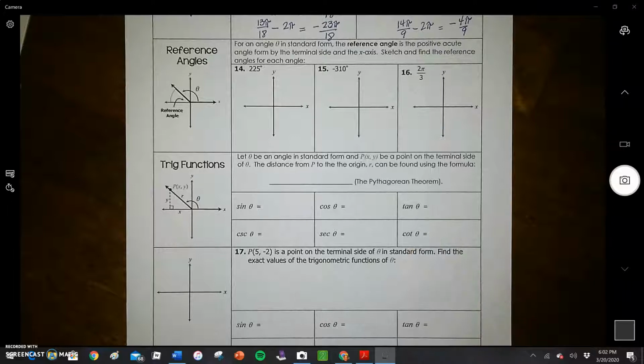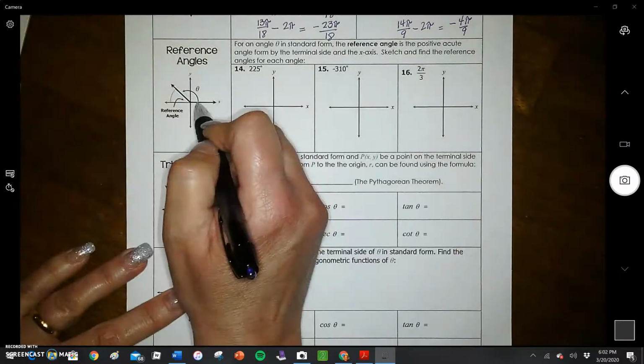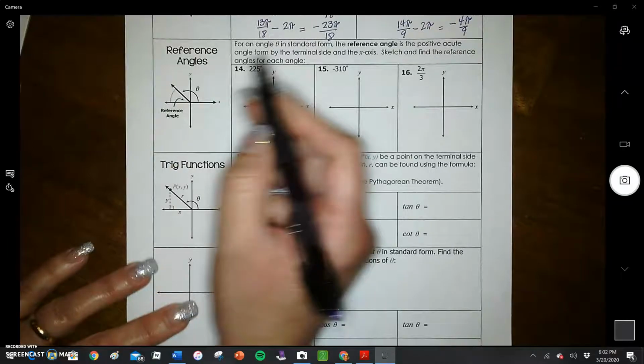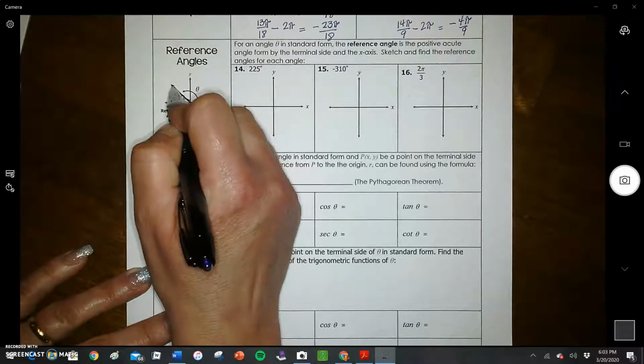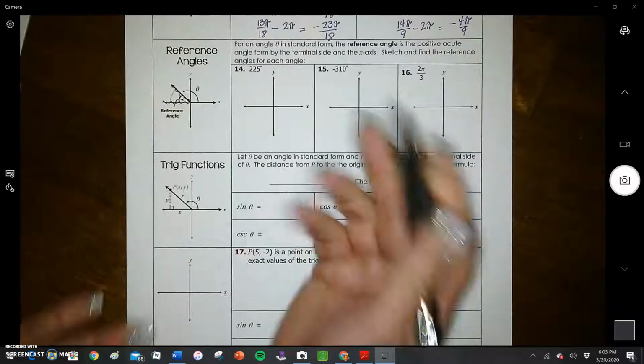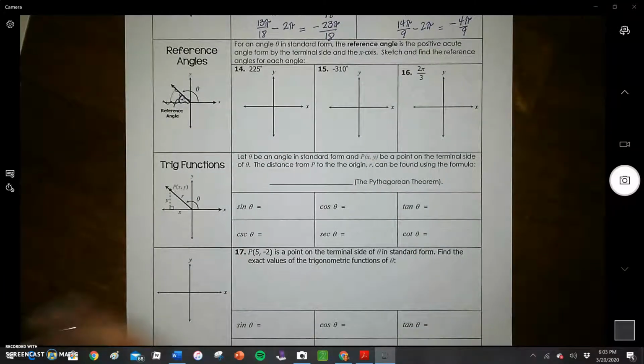So reference angles are going to be really huge, especially when we get into the unit circle. One of the things you do with a reference angle is find out what your angle is, but then the reference angle is going to be the opening between the terminal side and the x-axis, wherever it happens to be, okay?